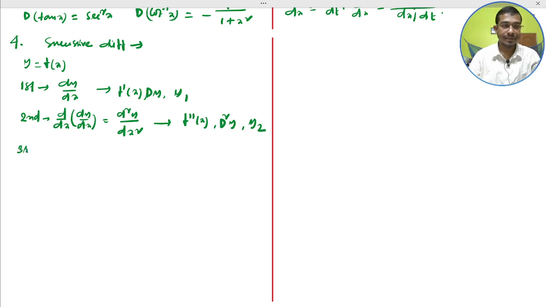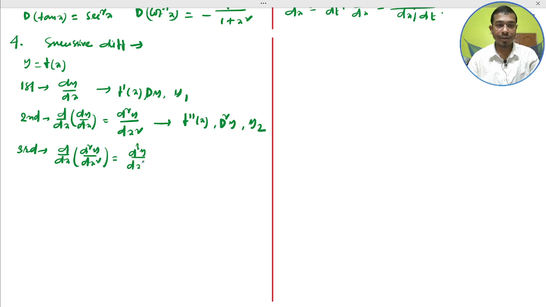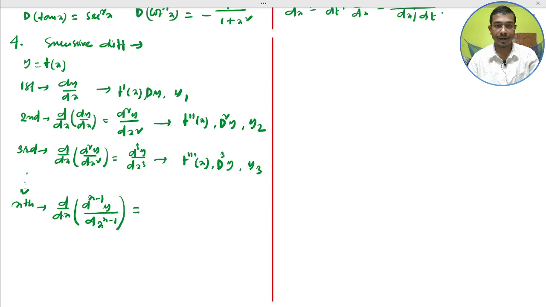Next, the third: d/dx of d square y dx square should be d cube y dx cube. This is written in another form as f triple dash x or D cube y or y3. Such as the nth derivative should be d/dx of d^(n-1) y dx^(n-1), which is d^n y dx^n.